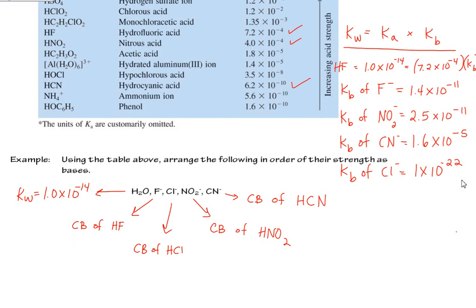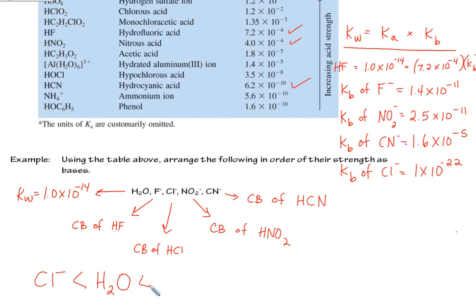Okay, so quantitatively, here's what we could do. We could use that equation to switch between a Ka and a Kb. Now I'm looking at the conjugate bases of those original acids. We can rank them in order of strength. The weakest of all these bases then, the loser of the bunch, is the chlorine ion. Next smallest, water.